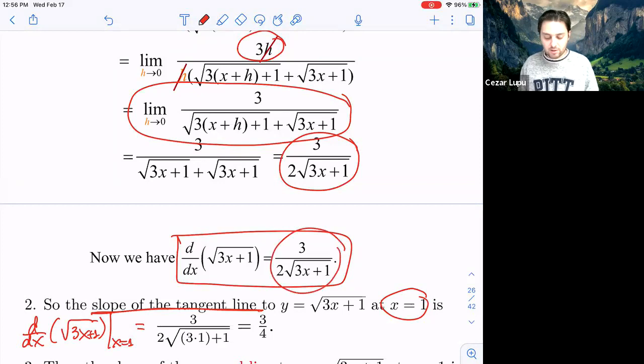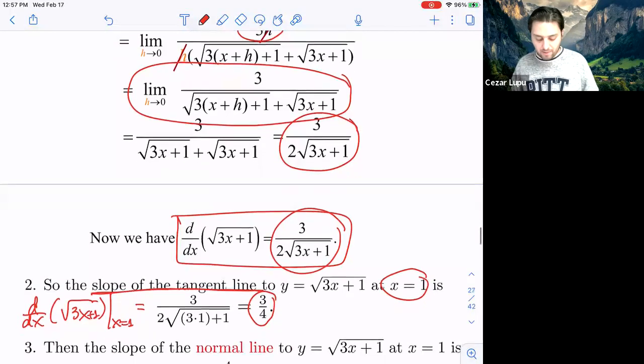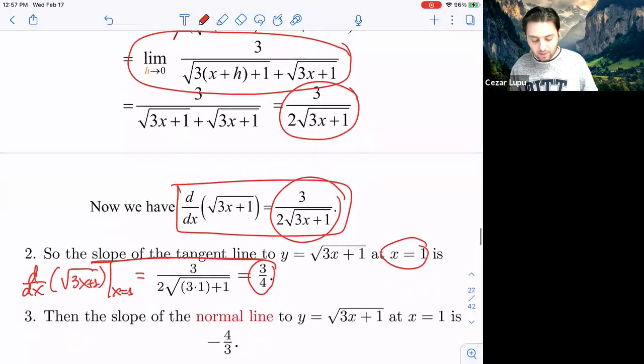So this is nothing else than just 3 over 2 times the square root of 3x plus 1 evaluated at x equals 1, which will give us 3/4, right? All right, and then step 3, the slope of the normal line, well, as you can see, at x equals 1 is negative 4/3. Why is that? Can you tell me why?